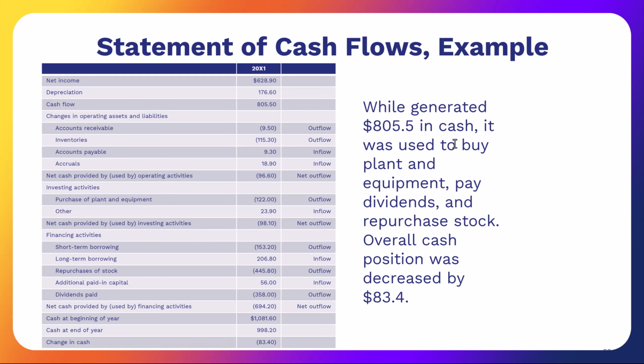So here we have an example of a statement of cash flows. If we go down the line, here is the net cash flow provided by or used by operating activities. In this case, it is a negative number, 96.6, which means we have spent more money running our company than our company has taken in.